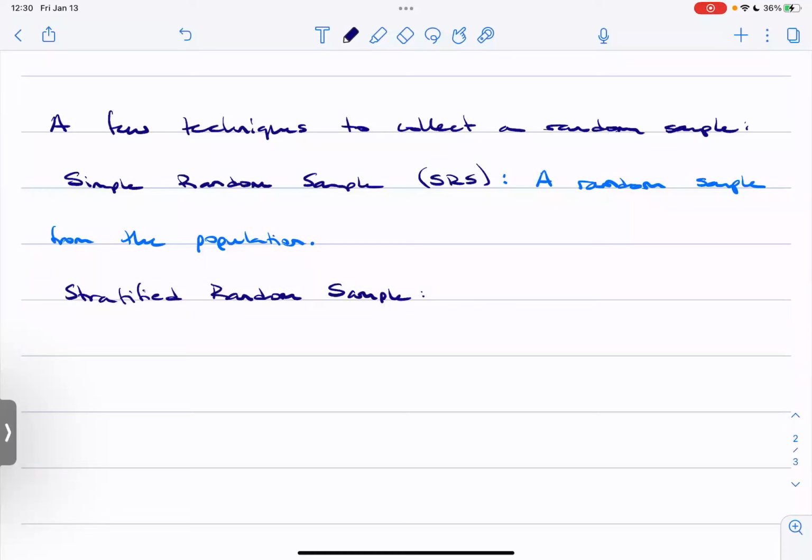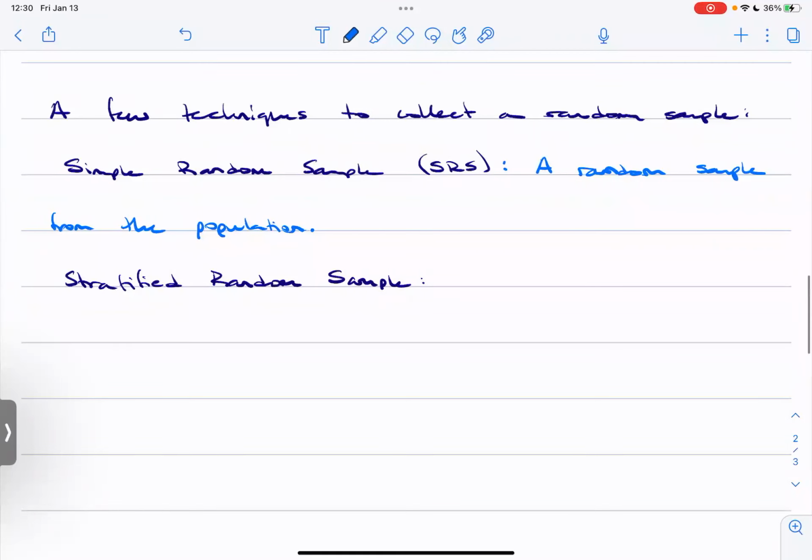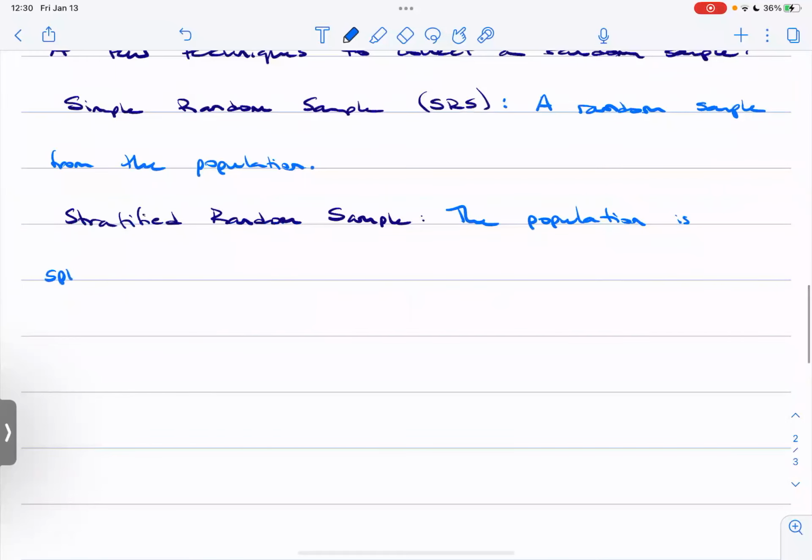And so let me write that down here. The population is split into strata. And I'm not going to say homogeneous groups because it implies that all characteristics are the same, but with some characteristic in common.